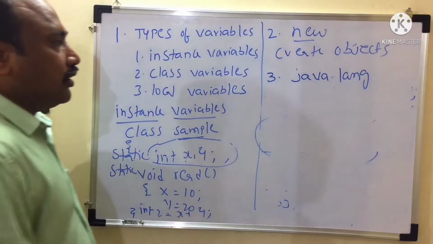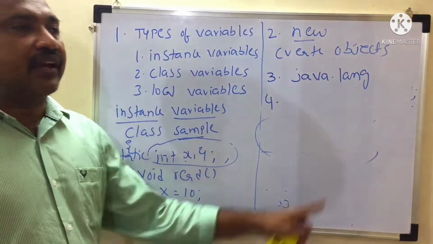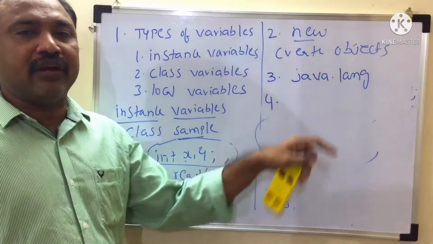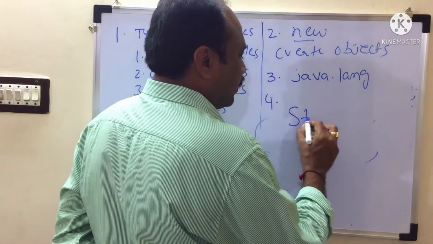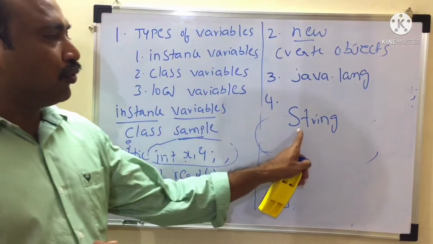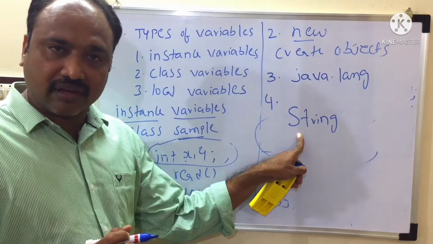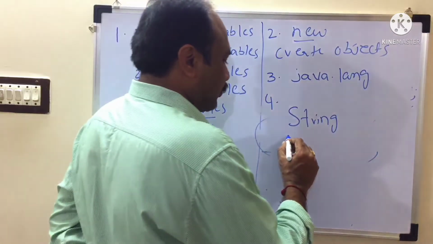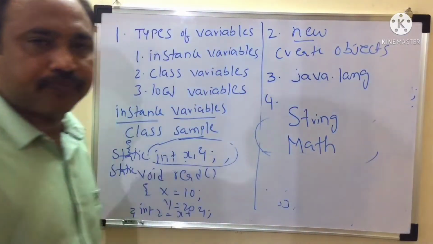Java.lang package. Next, they will ask you to list out some of the predefined classes and predefined methods of the lang package. When you work with strings in Java, we don't use character arrays; we use the String object. String is a predefined class in Java. To work with mathematical functions, we use Math.